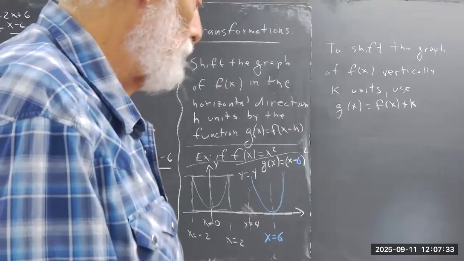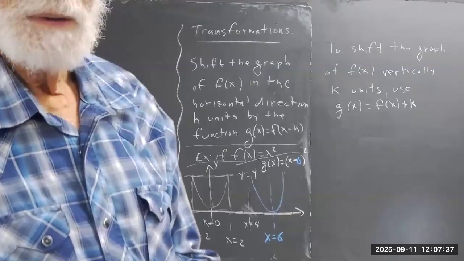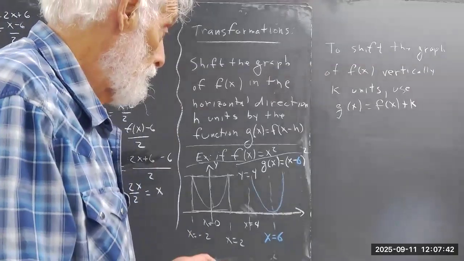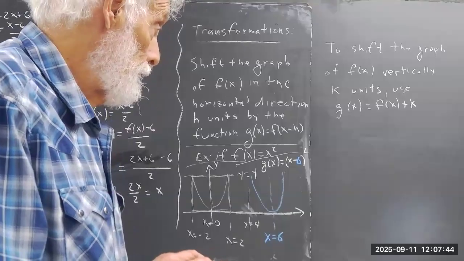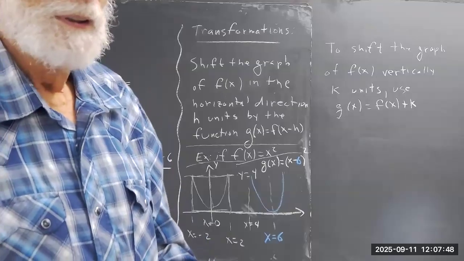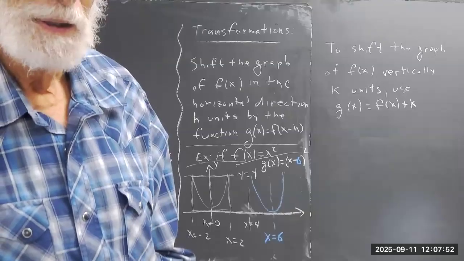You can review that statement if you want. You can read other statements. You can ask AI to explain this to you. Just prompt it to think, why does replacing x by x minus h shift my graph plus h units? Okay.